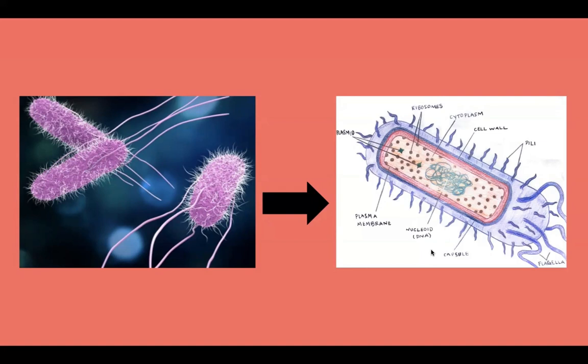Peritrichous flagella, distributed across the cell surface, enable movement through the host's intestinal tract and invasion of host cells. Additionally, pili help the bacteria adhere to host cells, enhancing infection. This complex anatomy allows Salmonella to thrive in various environments, reinforcing its role as a major pathogen.